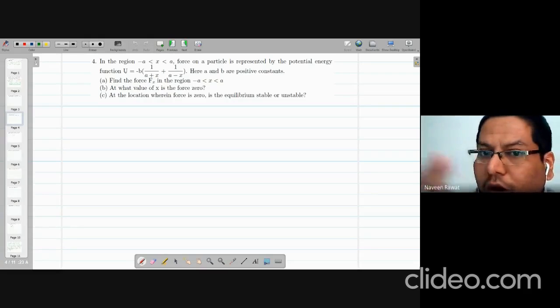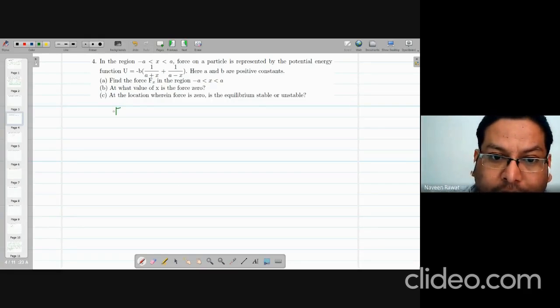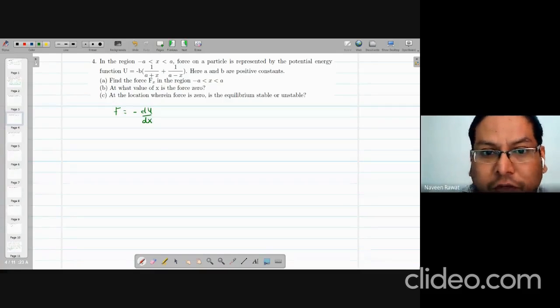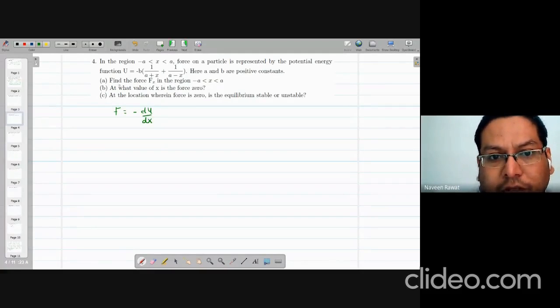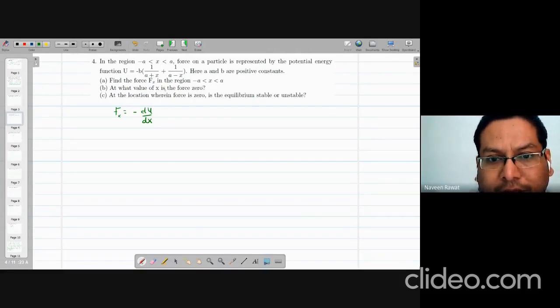We already know how the force is related to the potential energy: force is the negative of the gradient of potential energy, which we have already derived. So the question is asking us to first find the force in this region. If you take the first derivative, you can find the force, and then it asks at what value of x the force is 0, which basically tells you where the point of equilibrium is.